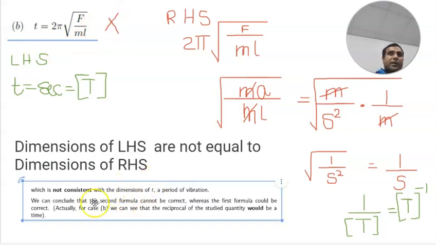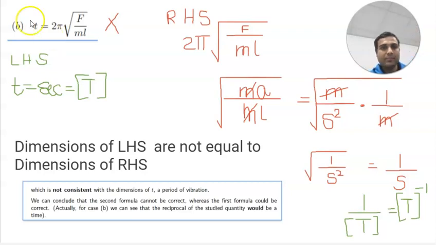Here you can write down that it's not consistent with the dimensions of the T, a period of vibration, which means the second formula is incorrect, whereas the first formula, where right hand side and the left hand side have the same dimension, is a correct formula.